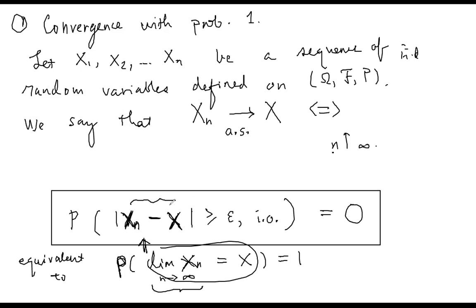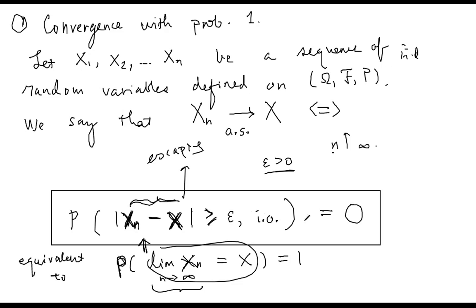This set is the deviation being larger than or equal to epsilon, where epsilon is some arbitrary constant larger than 0. This happens infinitely often. So this is kind of like your Xn escaping from X by more than a certain amount infinitely often.